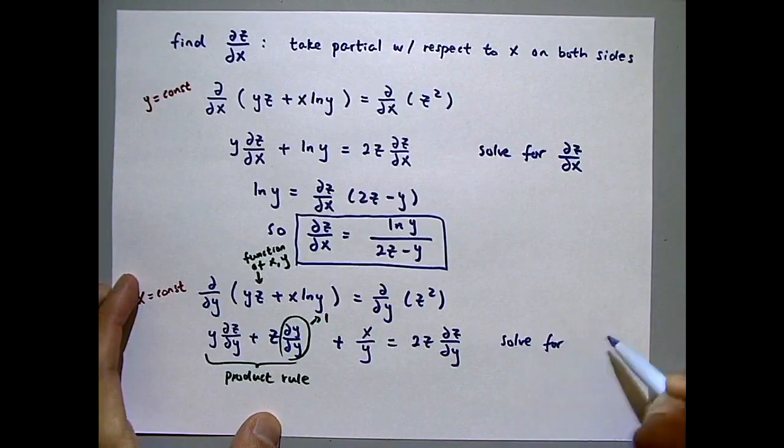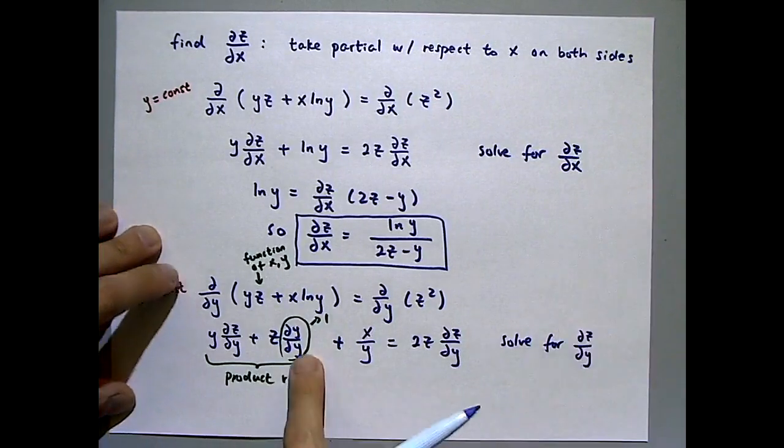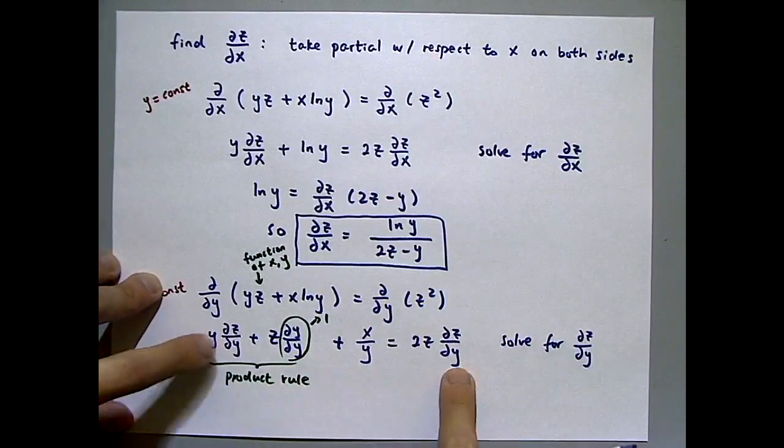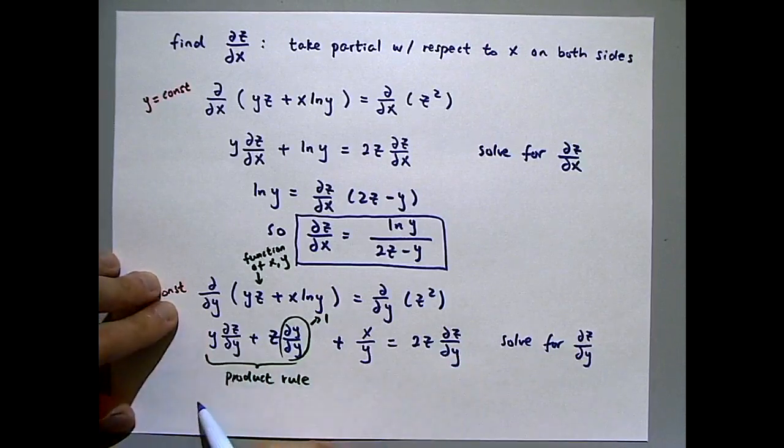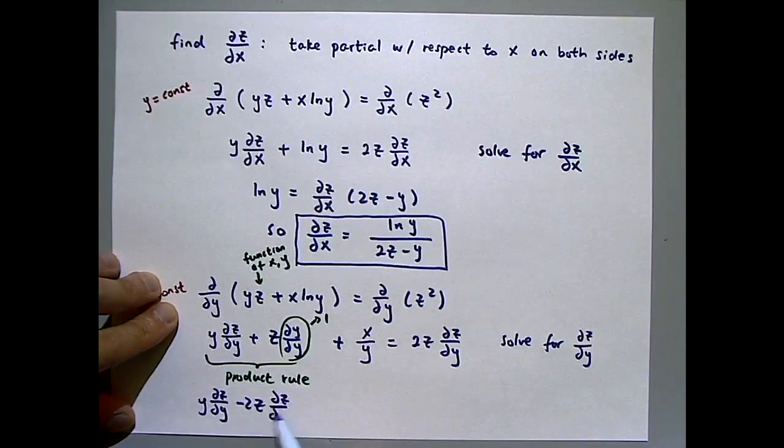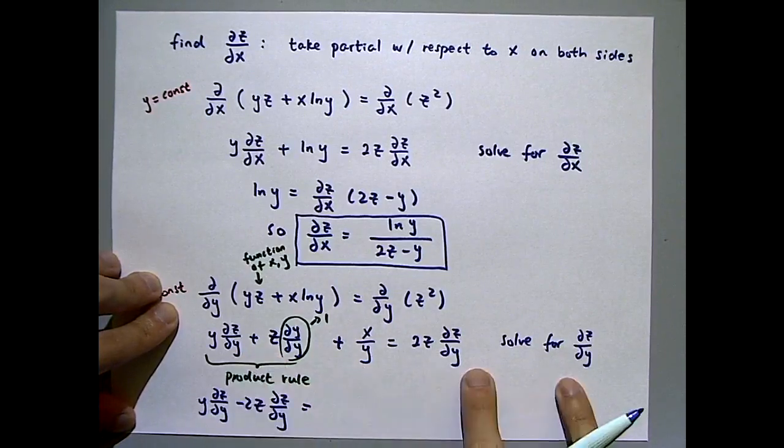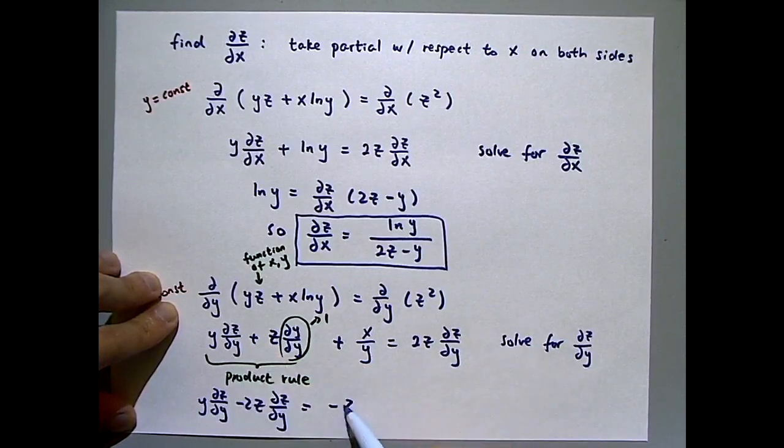Now let's solve for that. Solve for partial z with partial y. So let's see. This is a 1 now. We have 2 of these here. Let's bring this guy over. And let's kick these 2 things to the right-hand side. Minus z minus x over y.